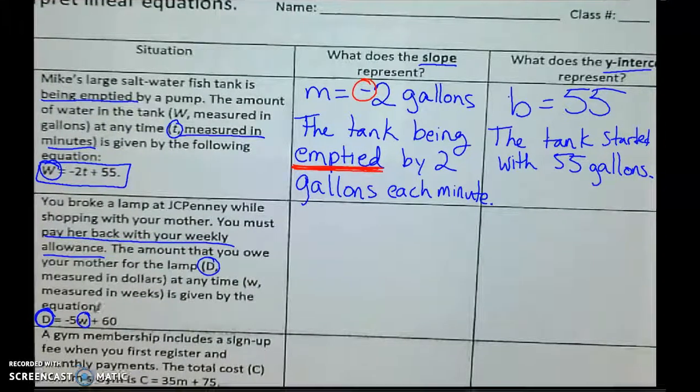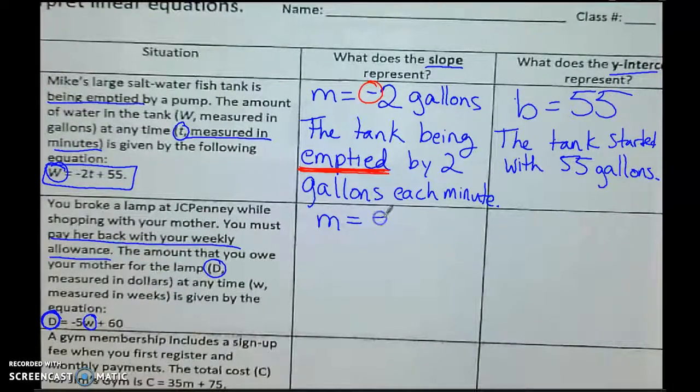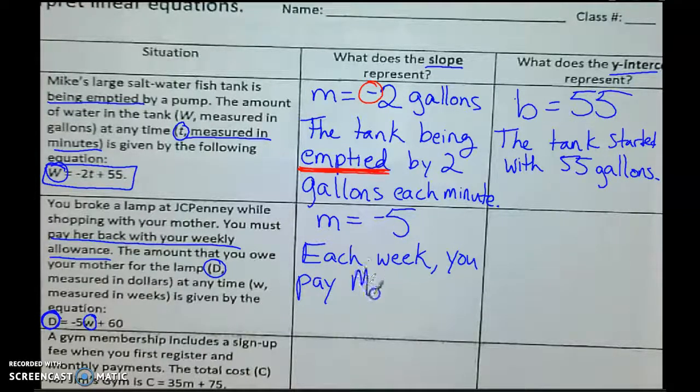Well, we know that the M is -5. So having to pay her back your allowance each week, that means that each week you pay Mom $5. Now, again, we have a negative in our slope.